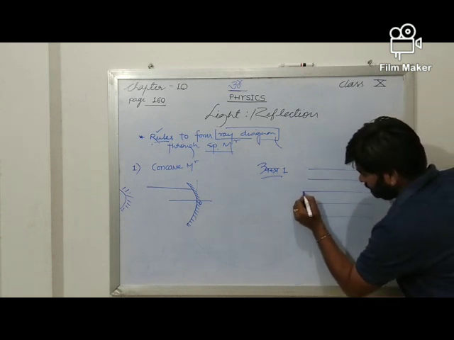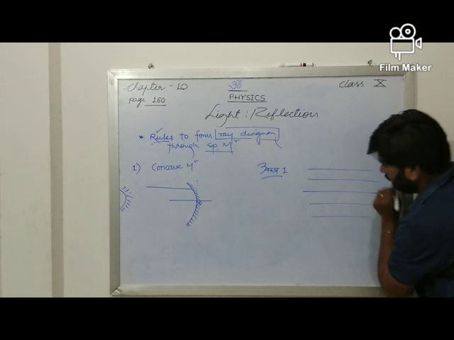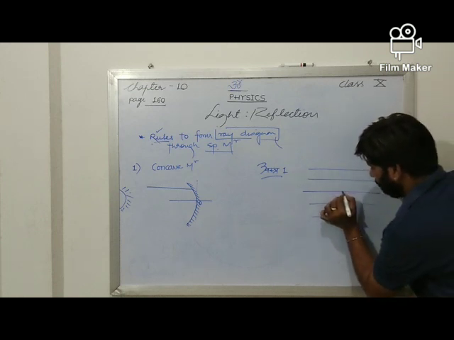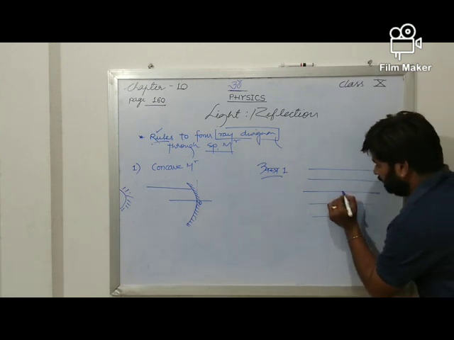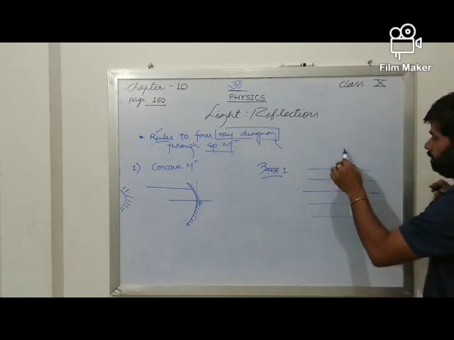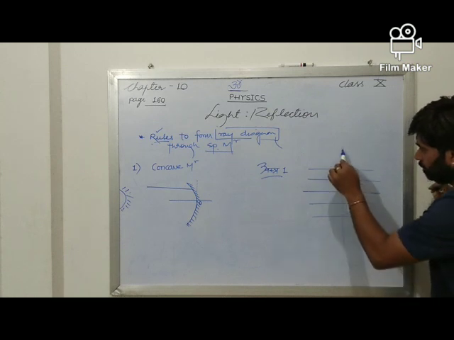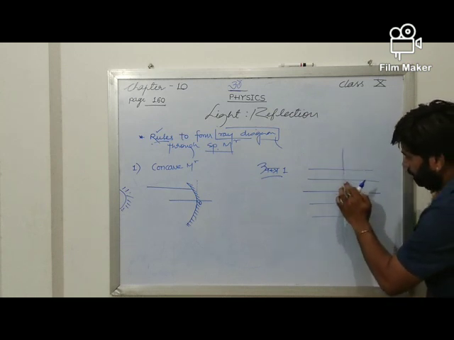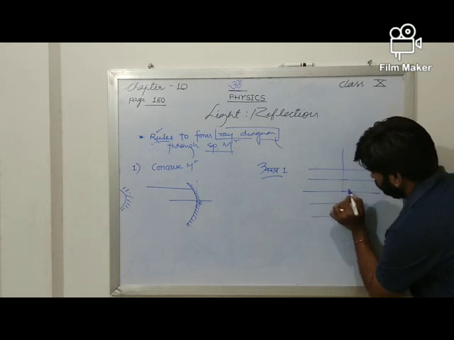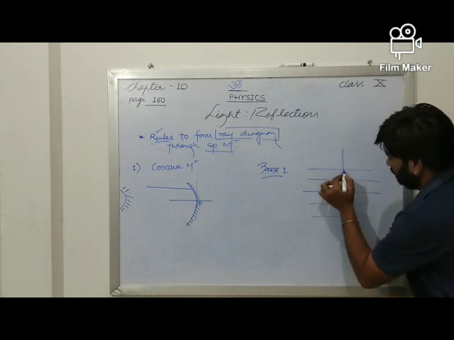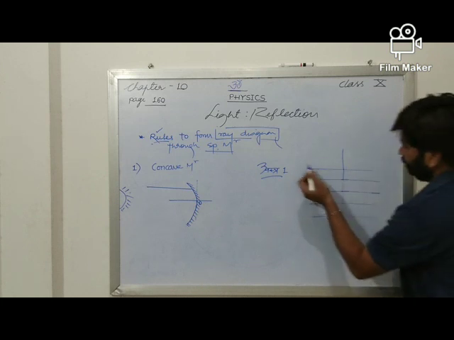Suppose I select this particular one. Now put the scale at 90 degree and draw a straight line, that is normal. It is almost normal.